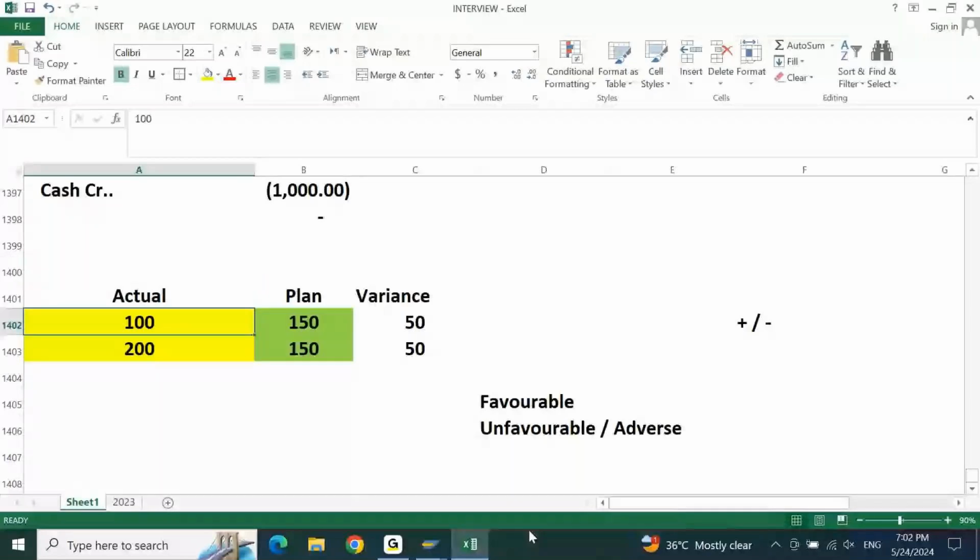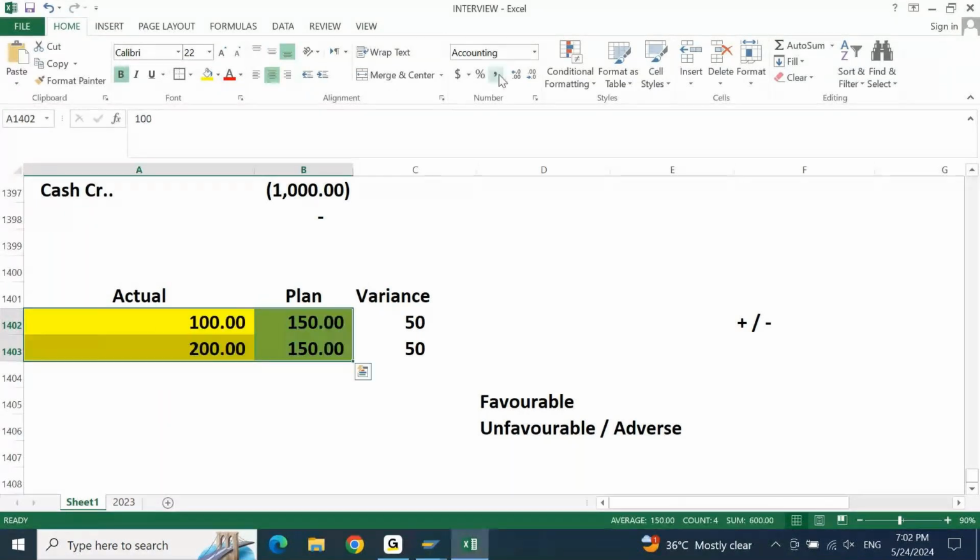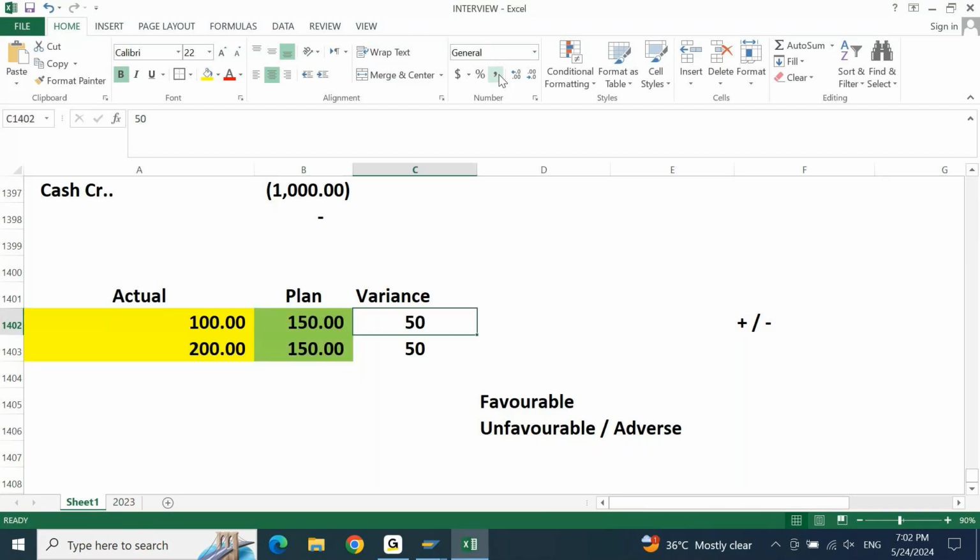So to avoid this confusion, always put the numbers in the accounting format. Even if you are getting confused, the system will alert you that this is negative, this is positive. Okay, put everything in the accounting format. Now to identify the difference, again I'll put the same thing, called variance.